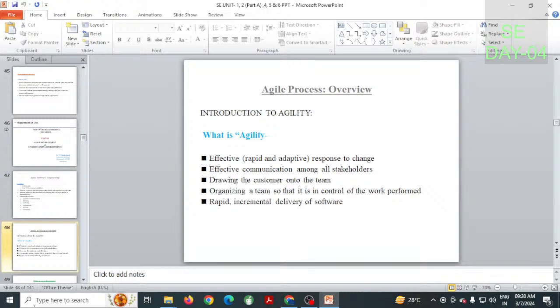And in agile development, we should learn how we are going to organize a team and how we are going to control the entire work performed by the employees on the team. And what about the rapid environment, and the incremental delivery approaches of the software.